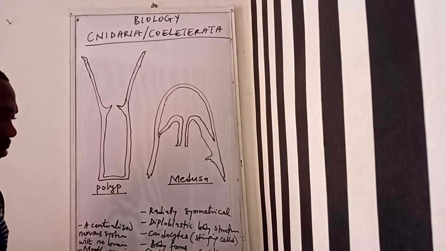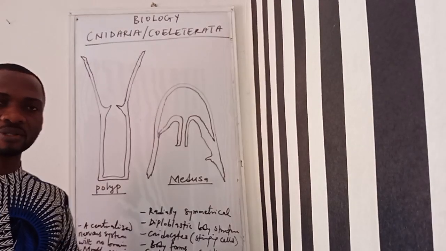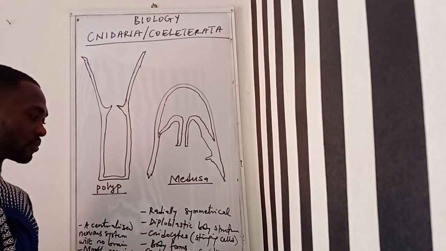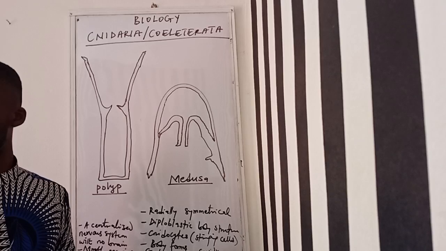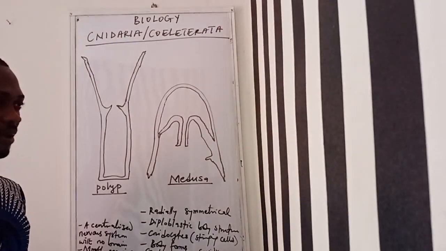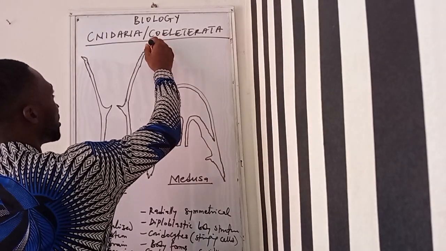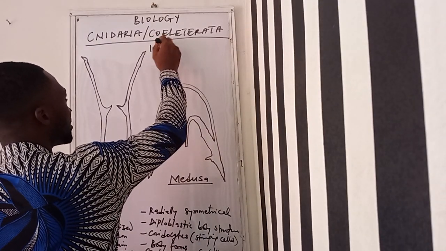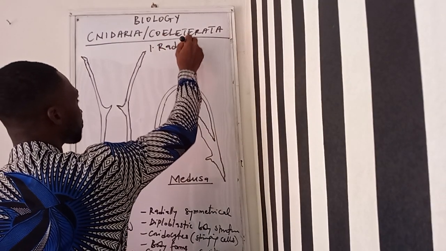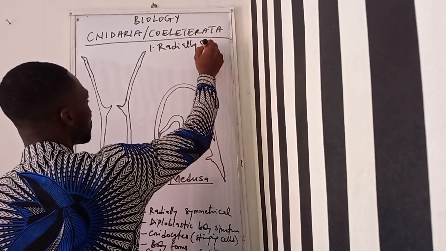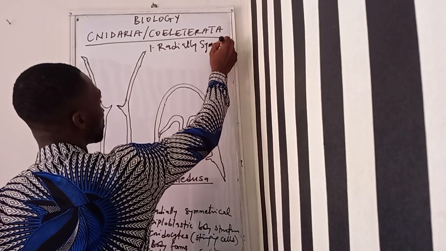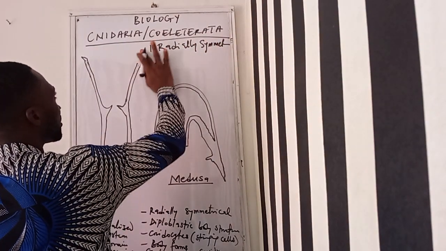Another important characteristic of members of this group is that they have what are called cnidoblasts. So let me mention them. The first characteristic, radially symmetrical.